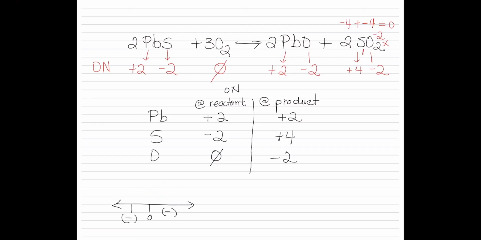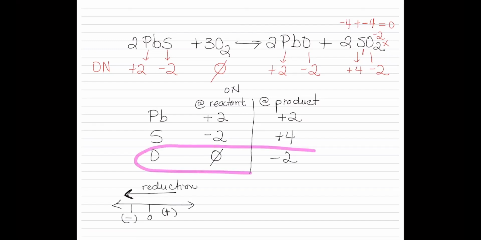This is negative and this is positive. Now the other way around. As something is gaining electrons, okay, now it's in the right direction, it's losing positivity and going into negative values. So what we can see here specifically is that oxygen is the one that is going from 0 towards a negative value.